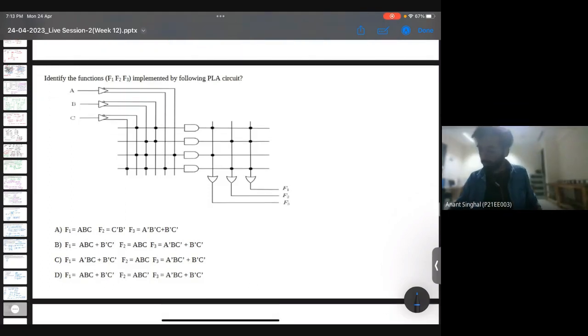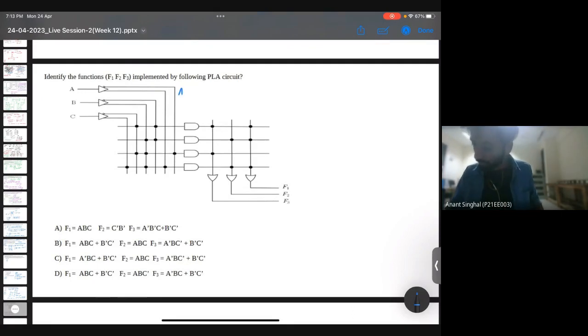Okay, so let me try to solve this. This is A bar, this is A, this is B bar, B, and C bar, C. Let's suppose this is 1, 2, 3, and 4. For the AND operations, the output for the first is B bar and then C bar.